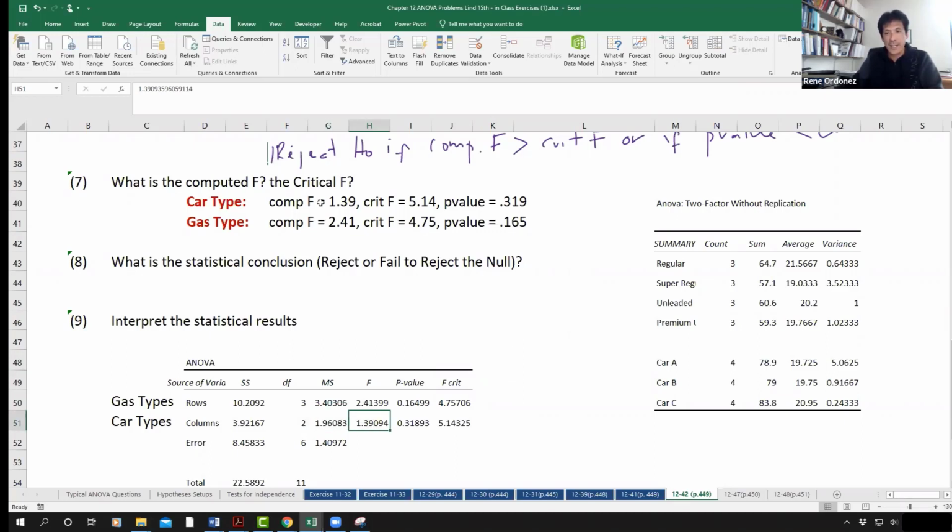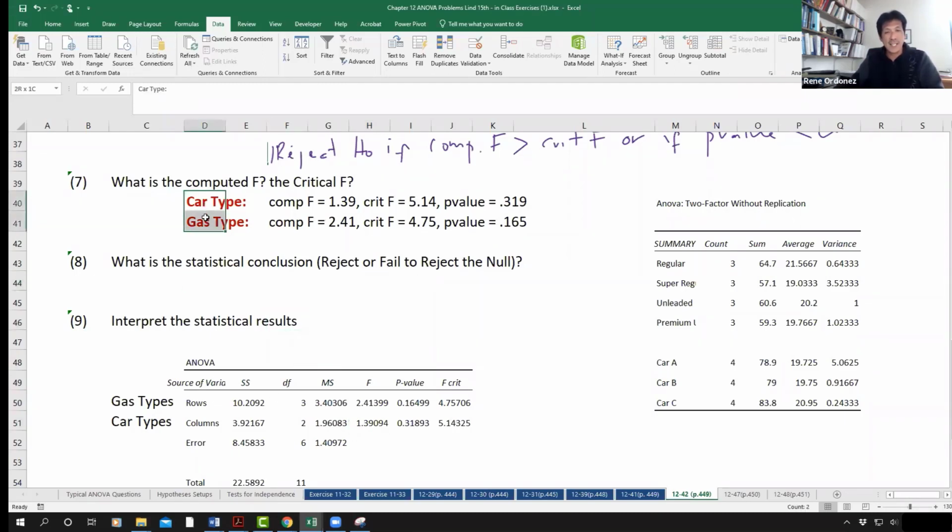So 1.39, 5.14, the p-value is 0.318, good. And then the gas type, the rows, 2.41, and the critical F of 4.75, and the p-value of 0.165. Good.